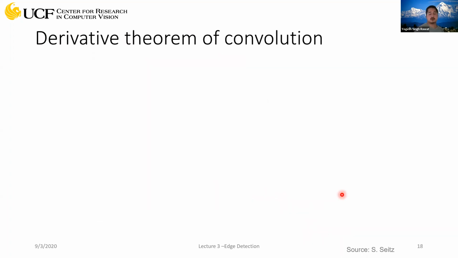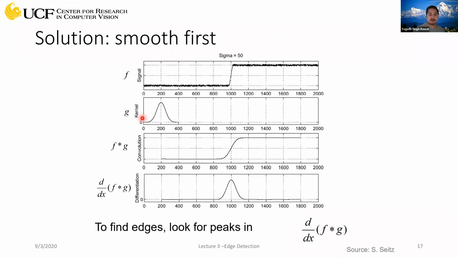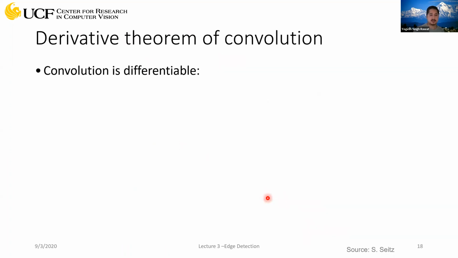Now the question is, can we optimize this further? Because this is a two-step process. You have your input signal and your kernel, you first have to perform smoothing, and then you have to perform this convolution. Can you save one extra step? The answer is yes, because convolution is differentiable. If you're convolving your function f with g and you take the derivative, you get something like this.